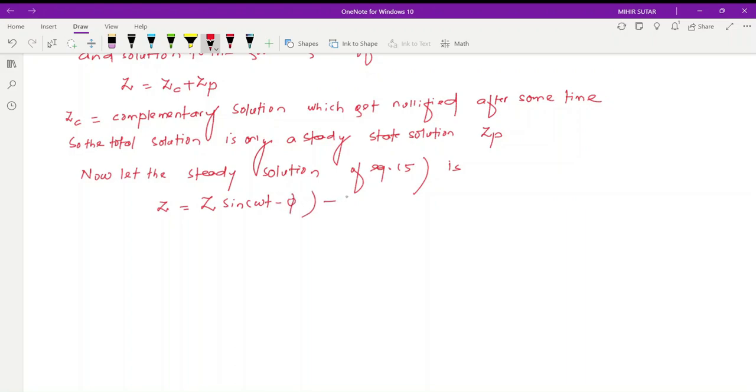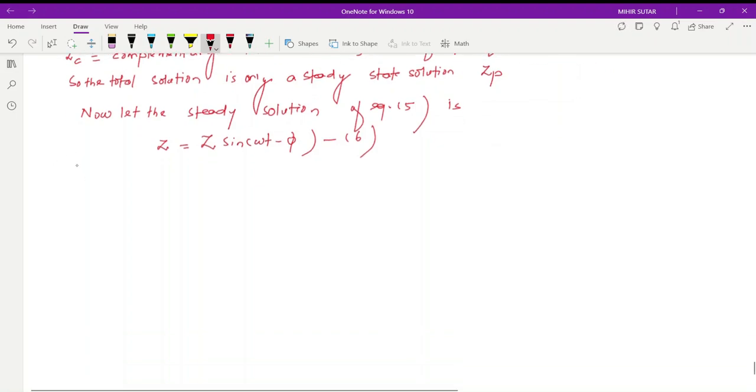Let's say this is equation 6. Now this equation 6 has to satisfy equation 5.